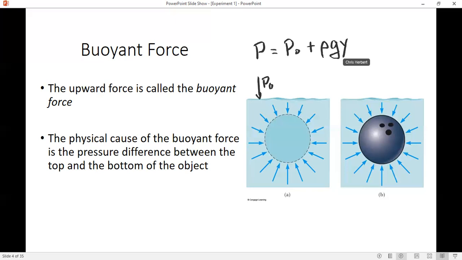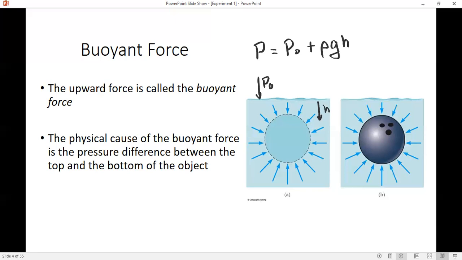And let me change that, because I think Y implies something a little bit different. We'll use H instead. Basically, how deep you are into the fluid, that'll be the H right here, will determine how much your pressure is increased due to the weight of the fluid above it.